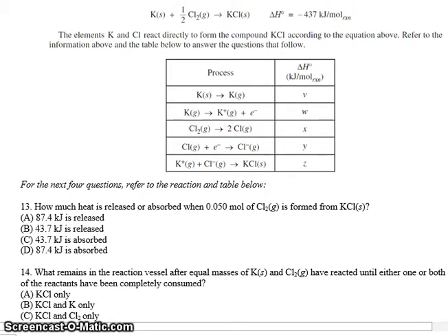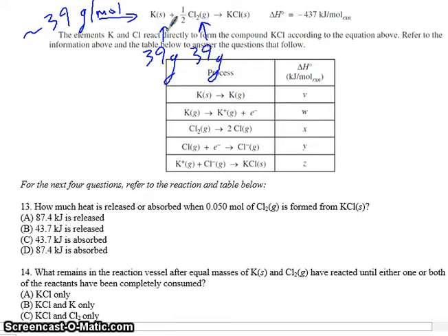So we have equal masses of potassium and chlorine, and it doesn't matter what masses you use as long as they're equal. I propose using the mass of potassium from the periodic table. Because the molar mass of potassium is roughly 39 grams per mole, why don't we use 39 grams of each? So we begin with 39 grams of potassium, and we begin with 39 grams of chlorine.